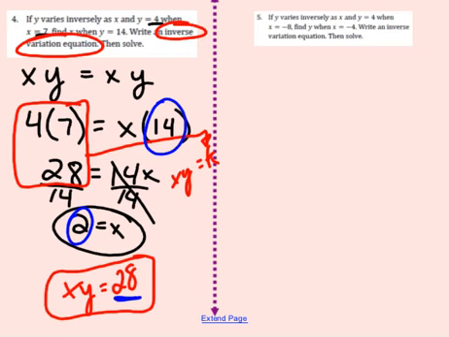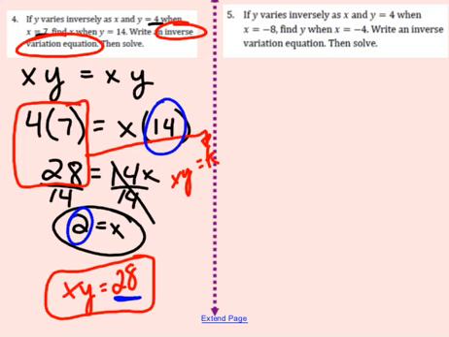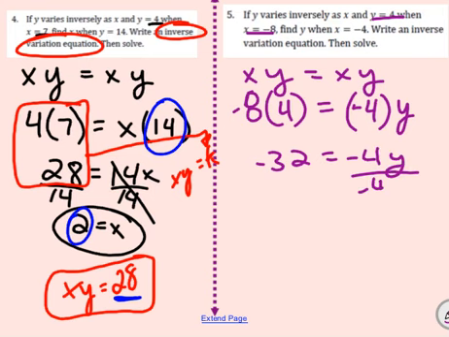So then number 5. I'll make this one a little bit bigger too. If y varies inversely as x, when y equals 4, x is negative 8. So you'll see a lot of people write this xy equals xy. They'll do negative 8 times the 4 equals negative 4 times y. Here we'll get negative 32 equals negative 4y. We'll divide by the negative 4.